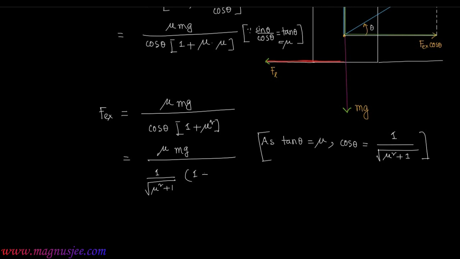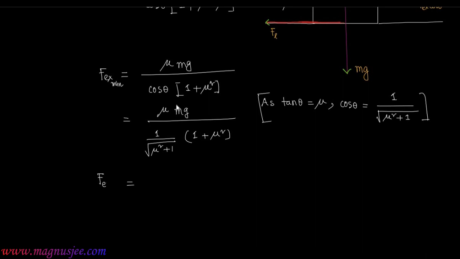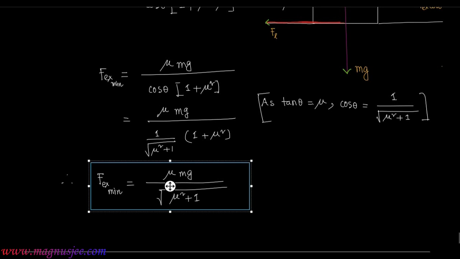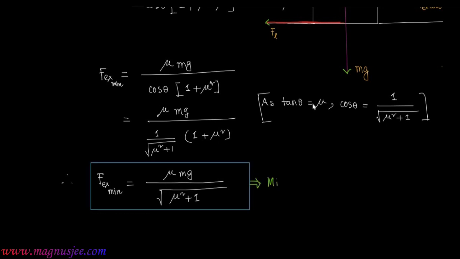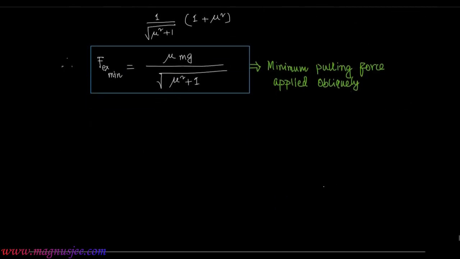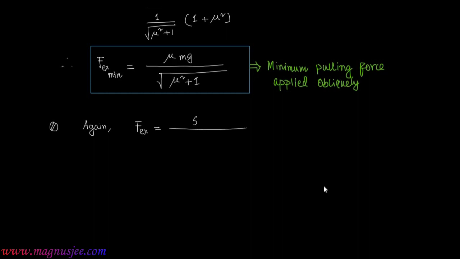Therefore, the minimum pulling force Fex min is equal to mu mg divided by root over mu square plus 1. This is the minimum pulling force on a body applied obliquely at an angle theta with the rough horizontal surface.